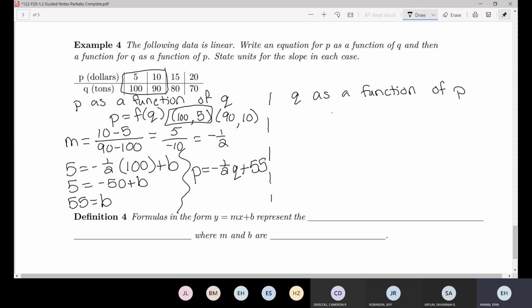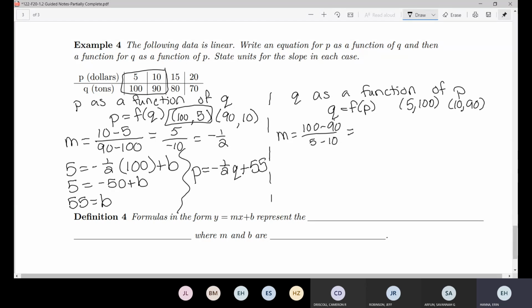So, Q as a function of P. Say I wanted to use the same 2 points, but that would now be (5, 100) and (10, 90). I'm breezing through it because I assume you did it, but if there's a step where you got messed up, stop me.